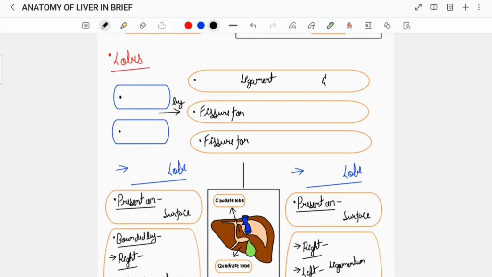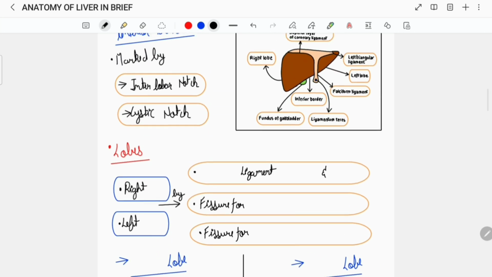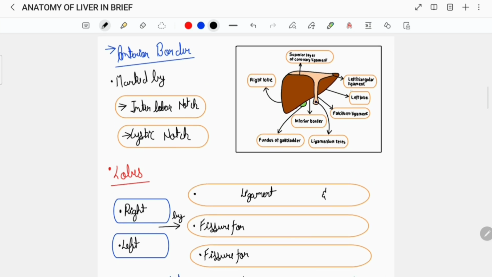The liver is divided in right and left lobes, as you can see in this diagram above.